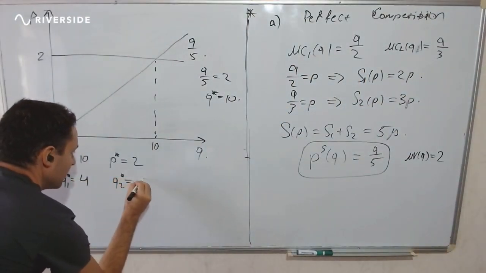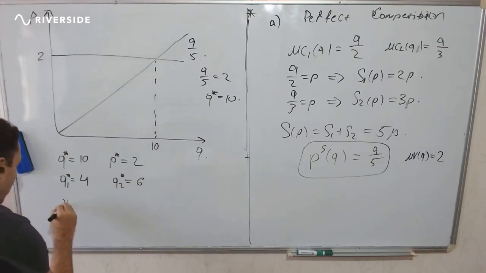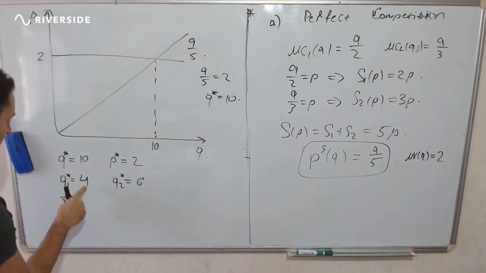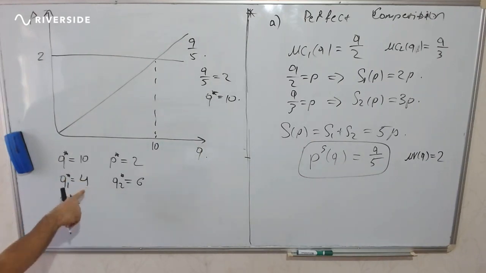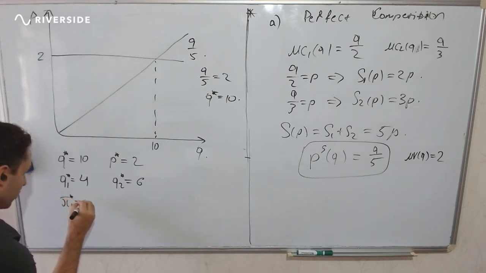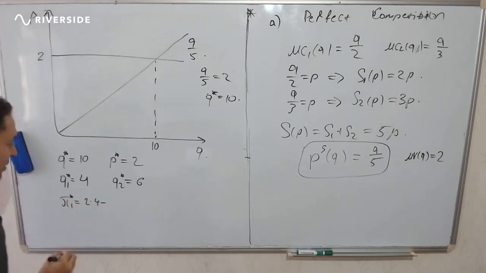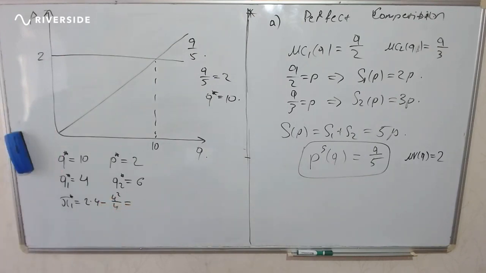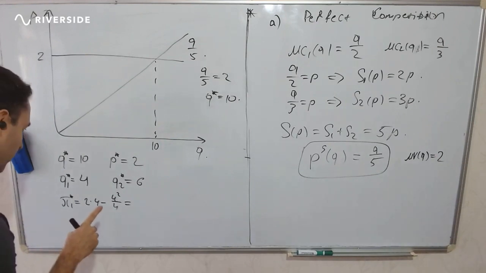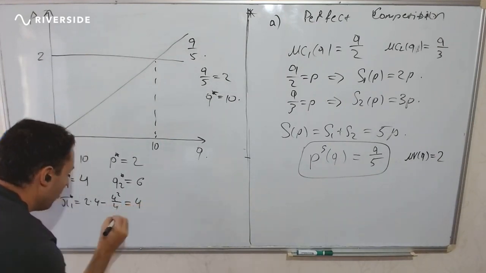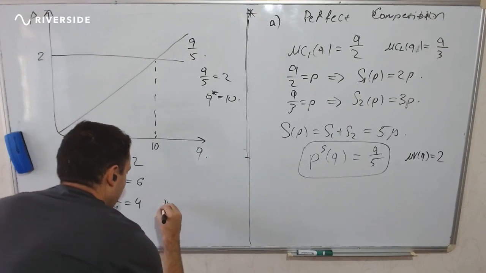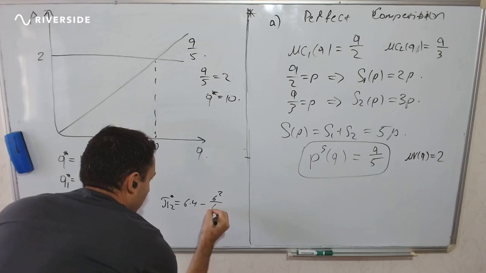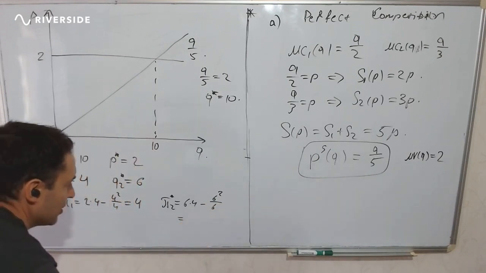The second will supply 6 units, and their profits are: the first sells 4 units at 2, and then its cost function is 4 squared divided by 4, so 2 times 4 minus 4 is 8 minus 4, which is 4. And then the profit of the second is 6 times 2 minus 6 squared over 6, so 12 minus 6 is 6.